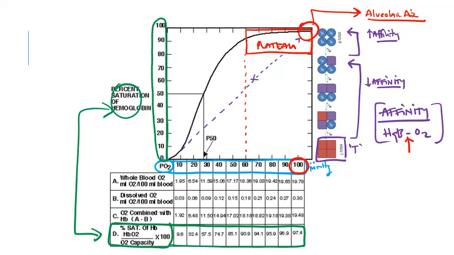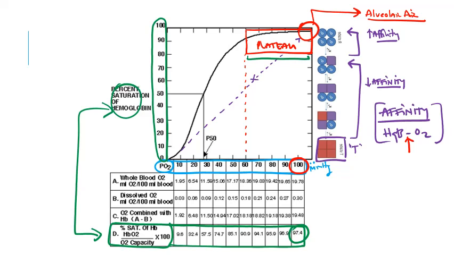So at 100 millimeters of mercury of oxygen, hemoglobin is actually only 97% saturated.